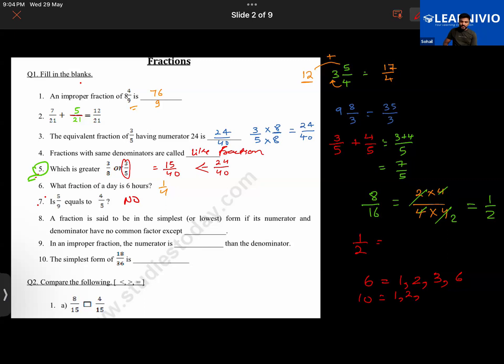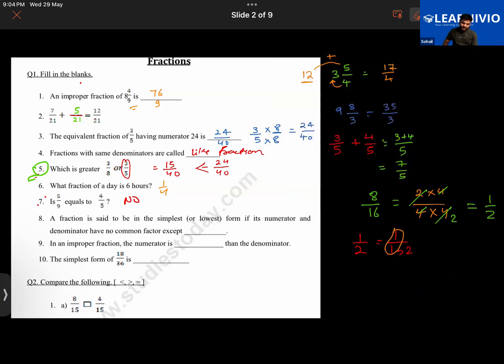No. 10 is divisible by 5 also. The factor of 1 is 1 only, and the factors of 2 are 1 and 2. Looking at 1 and 2, the only common factor is 1.